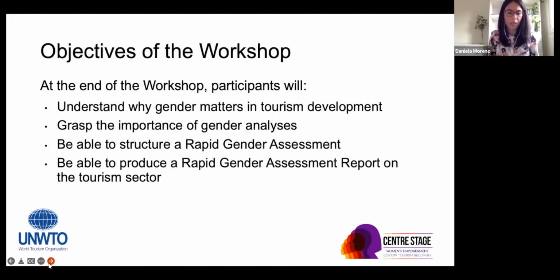As you saw in the invitation that we sent you for this workshop, and as Ben explained at the very beginning, this workshop is based on the Center Stage project. This project is very important for tourist development because it's putting at the core of tourist development the consequences of COVID-19 on women in tourism.